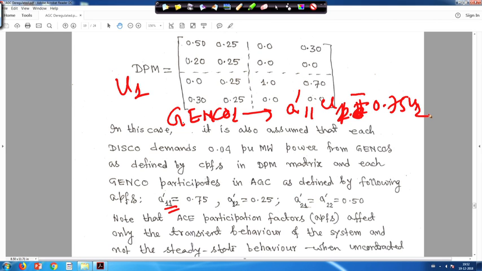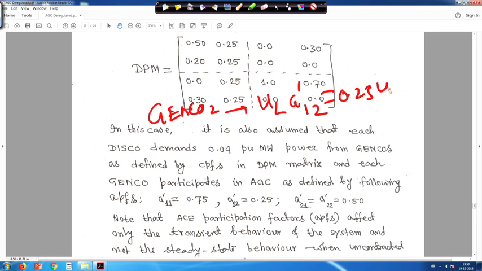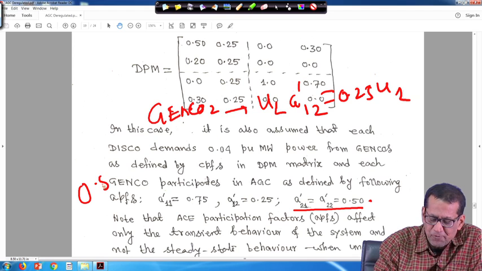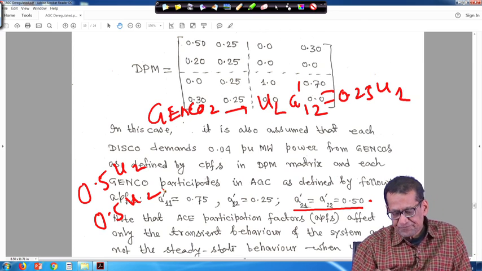Similarly, for GENCO 2, the input is U1 into A dash 12, which is nothing but 0.25 U1. Similarly, in the case of area 2, A dash 21 is equal to A dash 22 is equal to 0.5. That means the input to GENCO 3 is 0.5 U2, and for GENCO 4 it is also 0.5 U2. This is the idea.